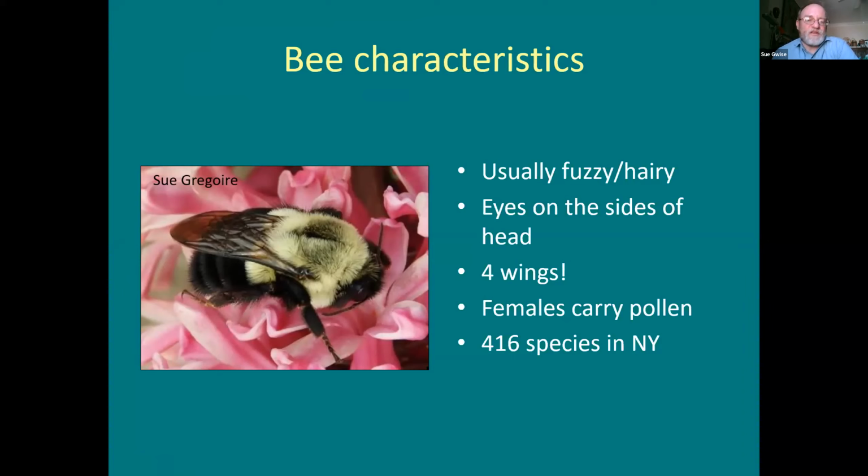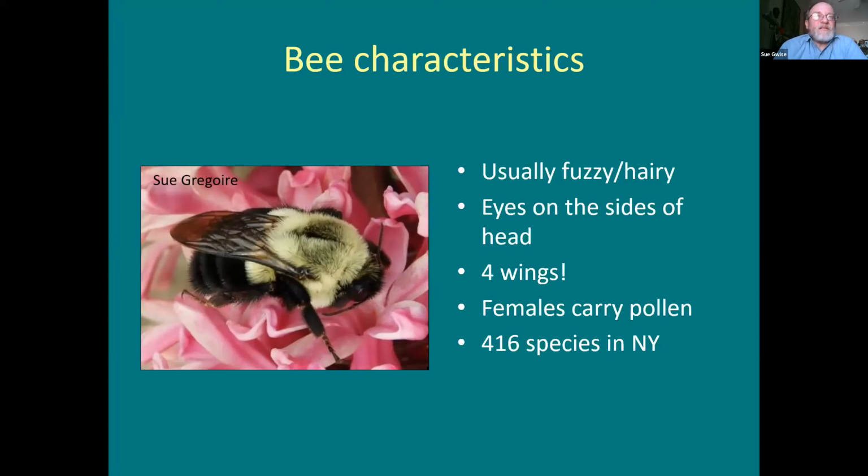So Hymenoptera, everything in that insect order has 4 wings. Bees and wasps have 4 wings. Diptera, the 2 wings. And so if you can count the number of wings, which you can't always do, you can tell pretty quickly whether it's a fly or a bee. And I'll show you some more pictures that demonstrate that too.